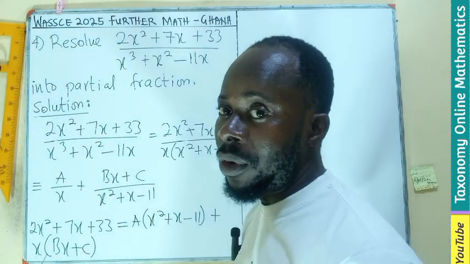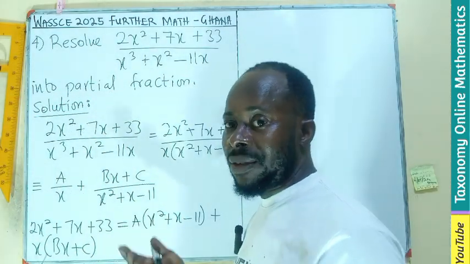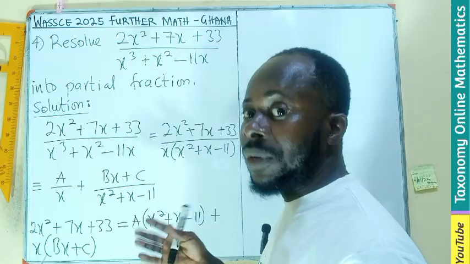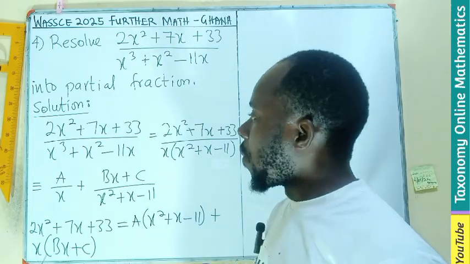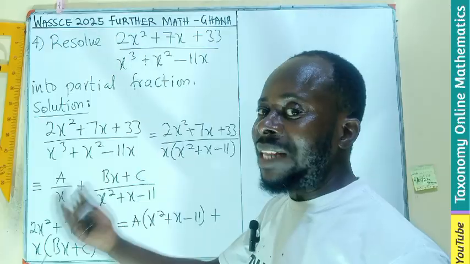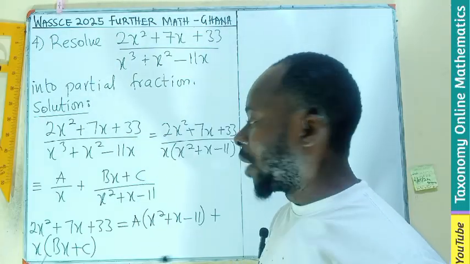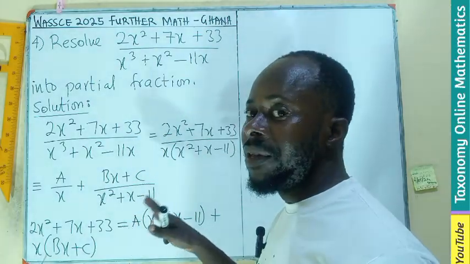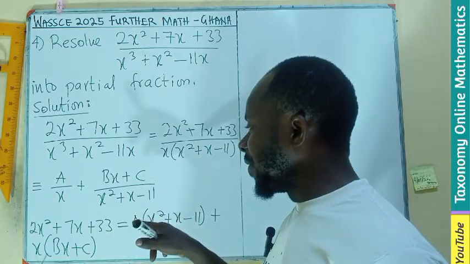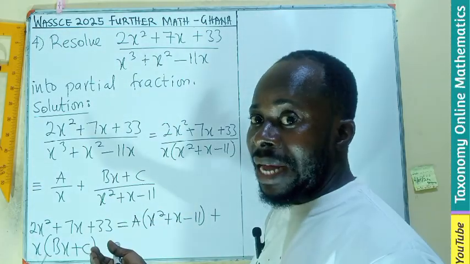Alright. What do we do? There are two approaches we follow. You compare the coefficients of similar terms, or you do eliminating tactics. You eliminate one of the variables A, B, C by replacing x with something that can take care of that variable.